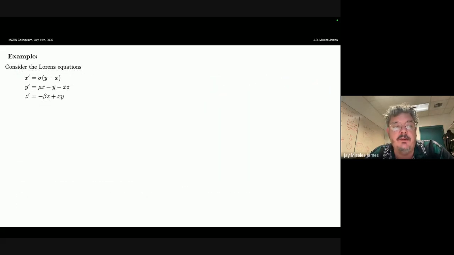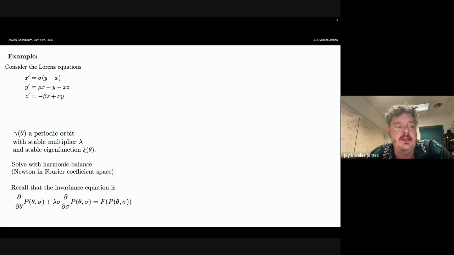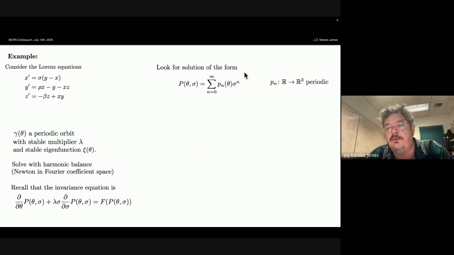If you actually do that, say in Lorenz, you compute some periodic orbits and try to solve this in, say, Fourier-Taylor space. So you look for a Taylor series whose coefficients are Fourier series, and you plug this ansatz into your invariance equation again.